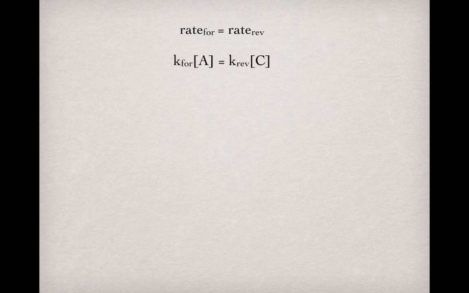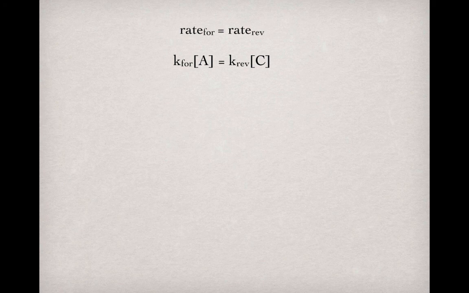We learned how to express the rate in terms of the rate constant and concentration, and here we're going to use just an example reaction of A turning into C, in equilibrium. So the forward rate can be expressed as the forward rate constant, K forward, times the concentration of A, and that is going to be equal to the reverse rate, which is the reverse rate constant, K reverse, times the concentration of C.